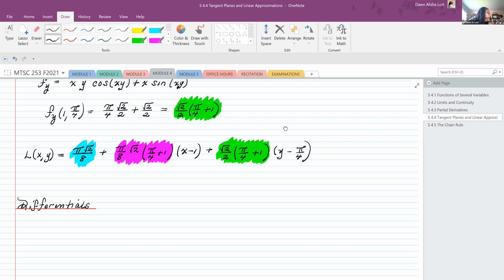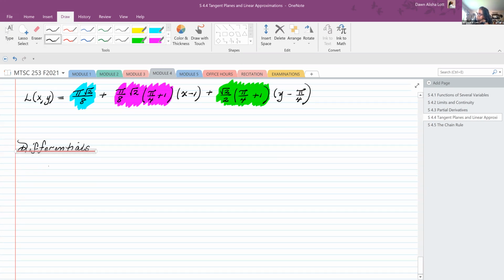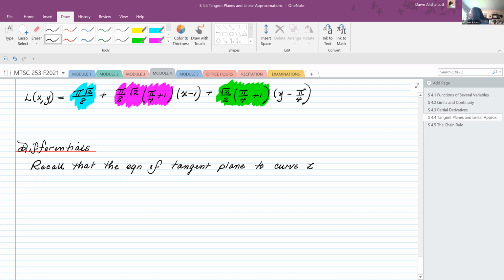Okay, differentials. All right, so recall that the equation of the tangent plane to the surface z is equal to f of x, y is given by z is equal to z naught plus f sub x at x naught, y naught times x minus x naught plus f sub y, oh my gosh.